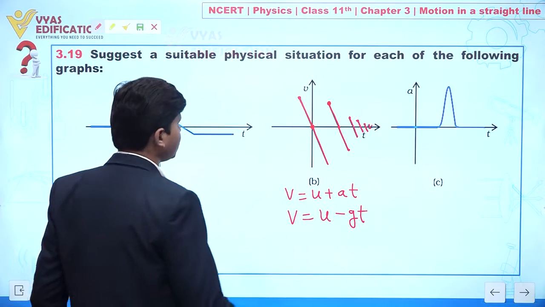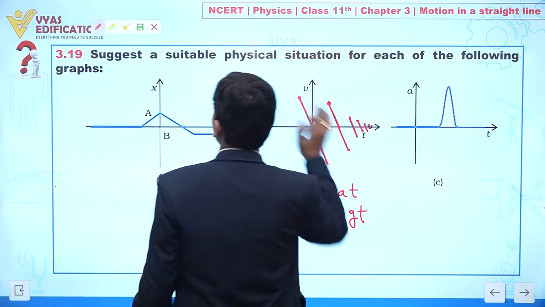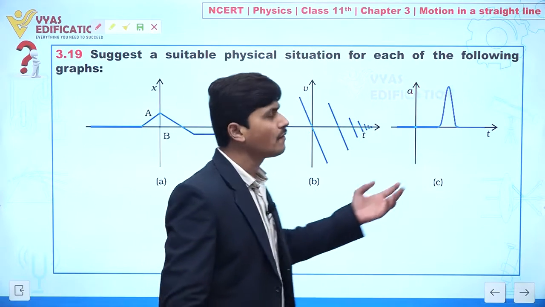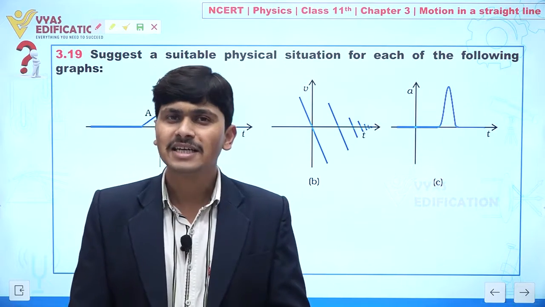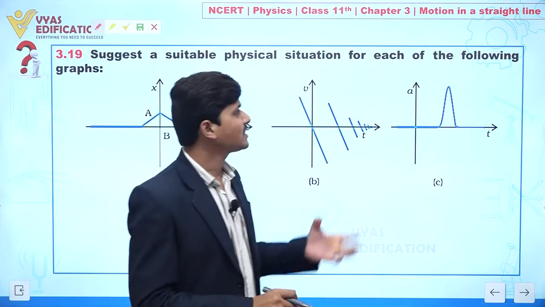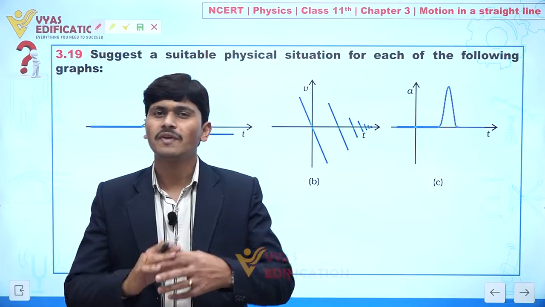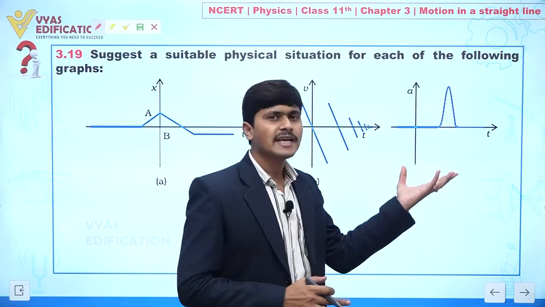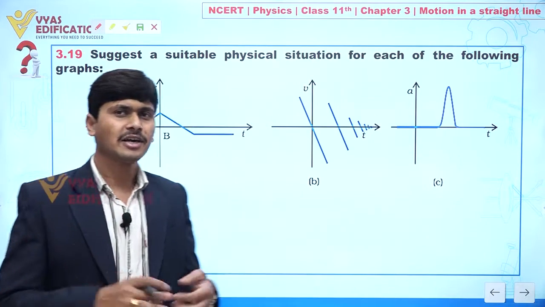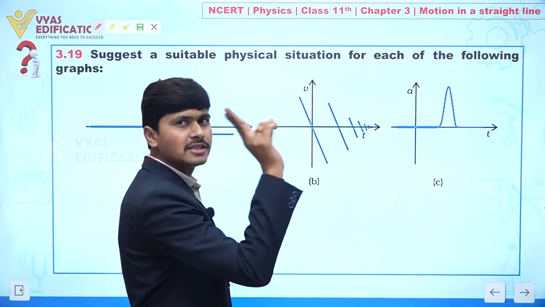Now if we concentrate on graph C, this graph is given between acceleration and time, and whenever there is a change in acceleration, we find jerk. So what is this situation? Let's suppose I have a cricket bowler throwing a ball in this direction.